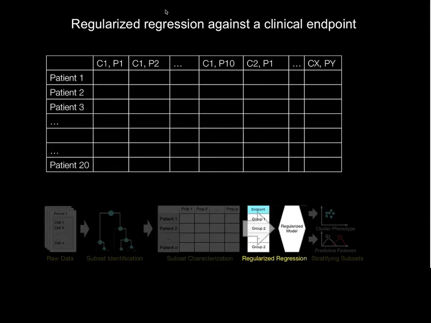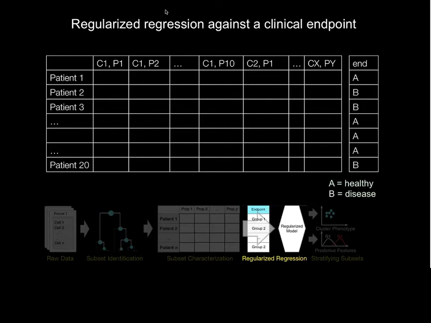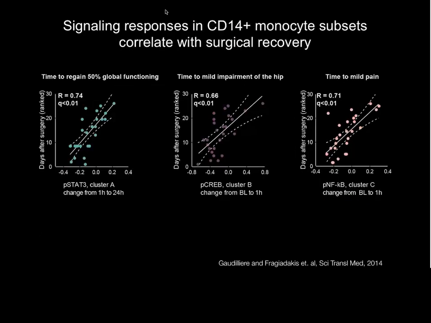And so next, like I said, we want to incorporate the clinical endpoint and basically build a model to relate the two. And when we did this, we were actually able to find relationships from our 3 different metrics of clinical recovery. So here I'm showing 3 plots. They each correspond, as you can see in the title of each plot, to one of our metrics of clinical recovery.